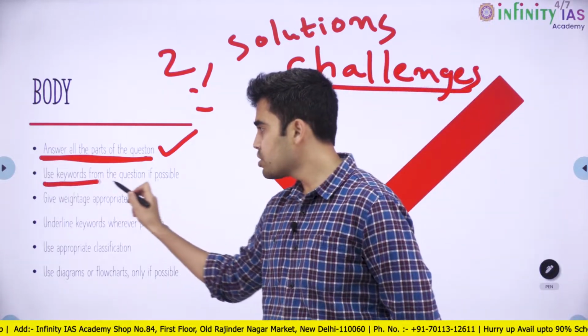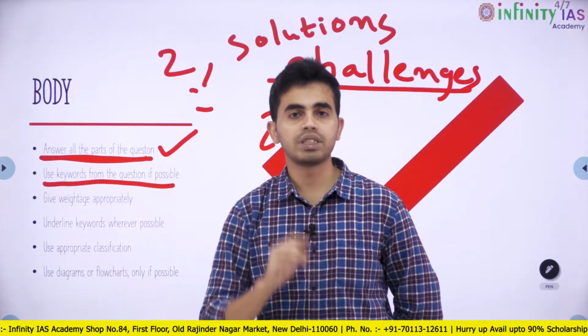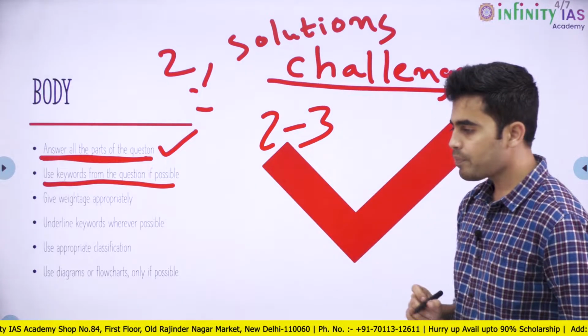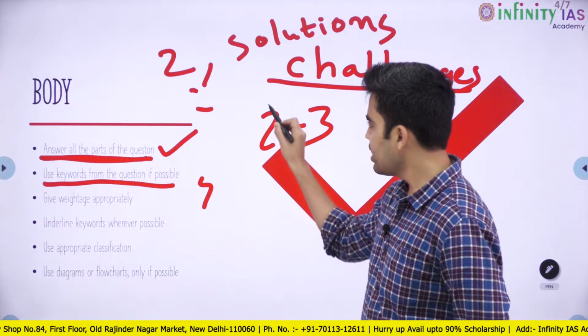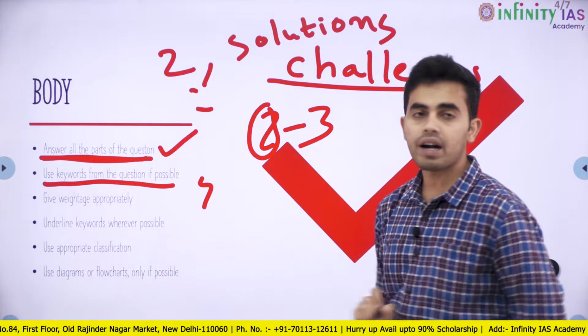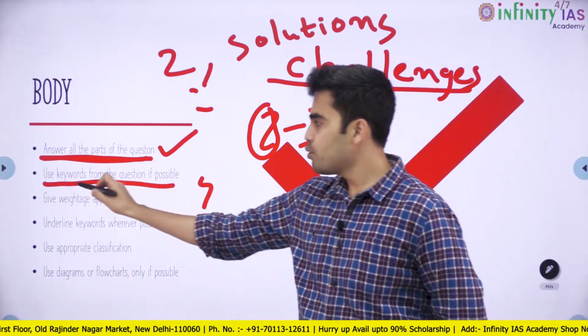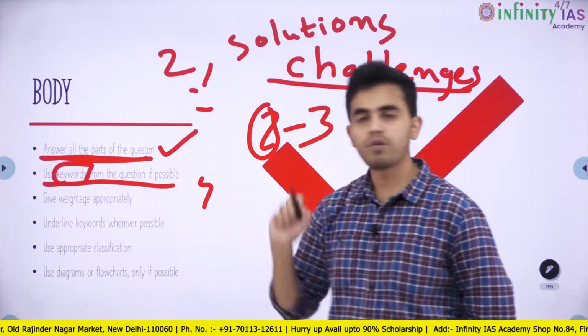Then comes use keywords from the question if possible. So, when we are writing the body, we will give a small subheading to the individual parts. Here, we can use the keywords directly from the question.